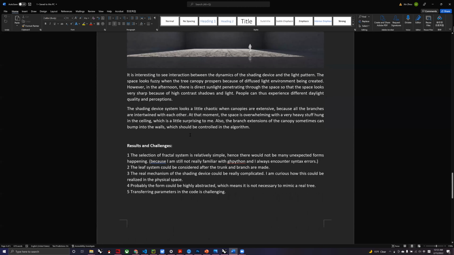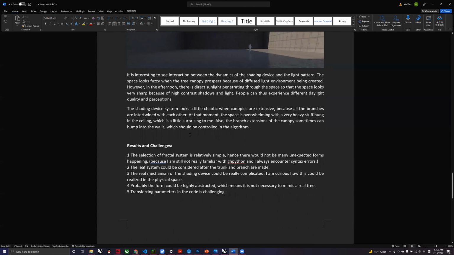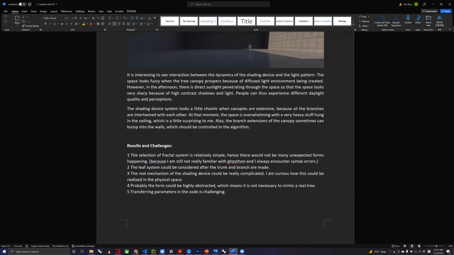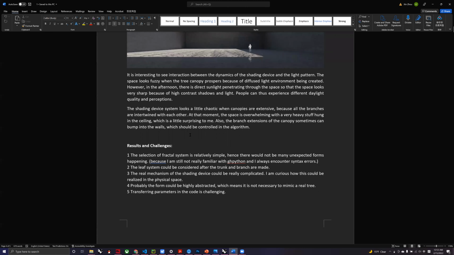For this project, I think right now the selection of the fractal system, which is a tree, is relatively simple, hence there would not be many unexpected forms happening here. Also, for future exploration, the leaf system could be considered on top of the trunk and branch domain.